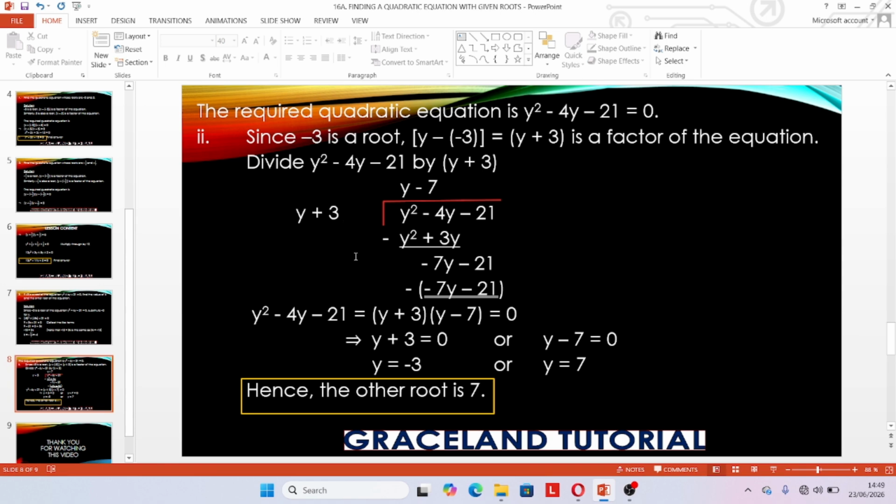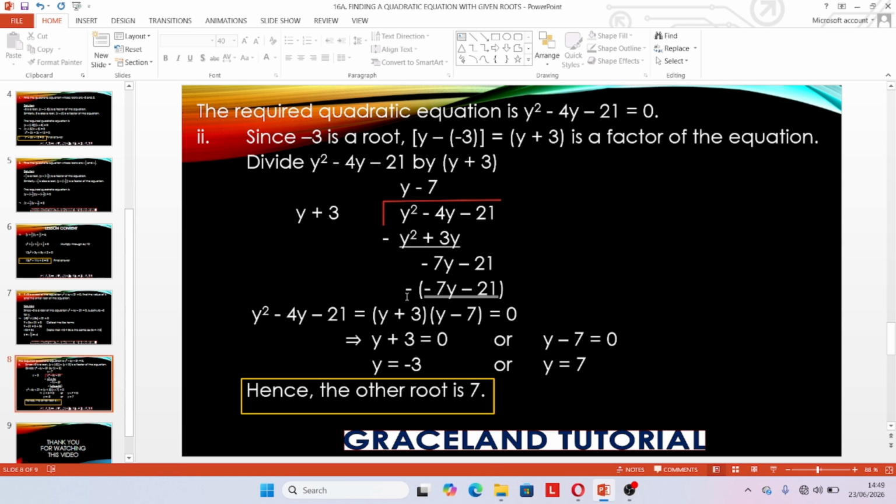So y plus 3 in minus 7y. Okay, the answer is going to be minus 7. So that when we multiply minus 7 by y, we are going to get minus 7y. So minus 7 times y is minus 7y. Minus 7 times plus 3 will be minus 21. So we minus that too. So this is going to be minus 7y minus minus 7y.